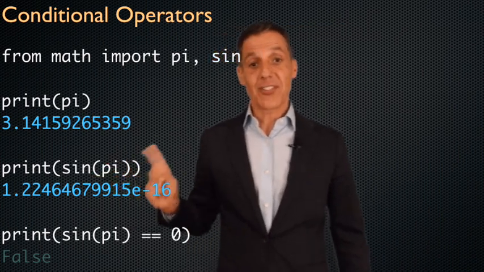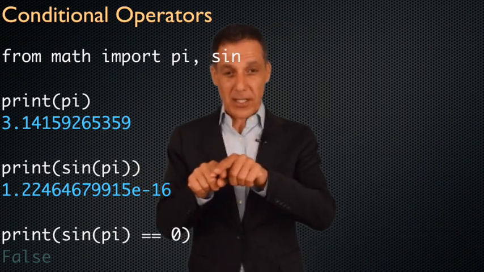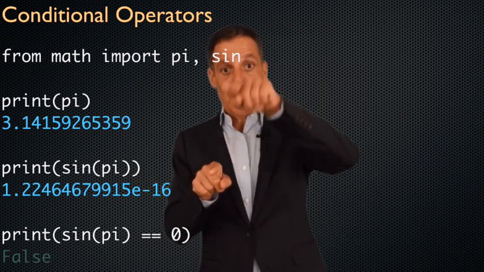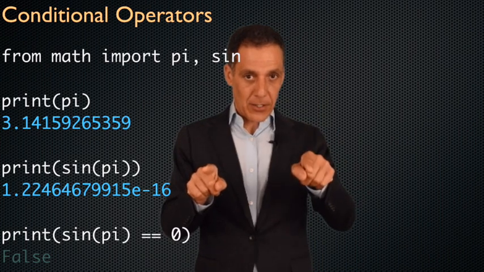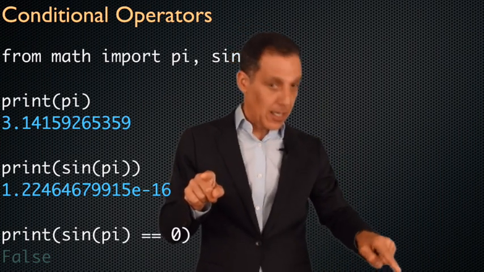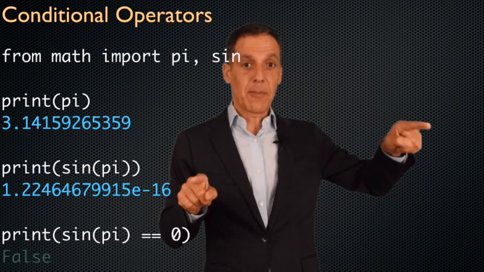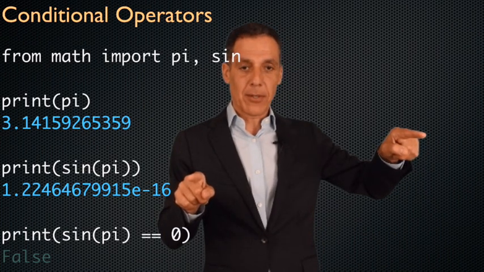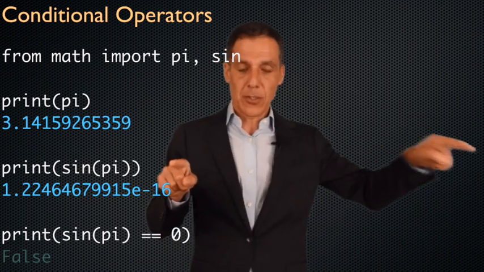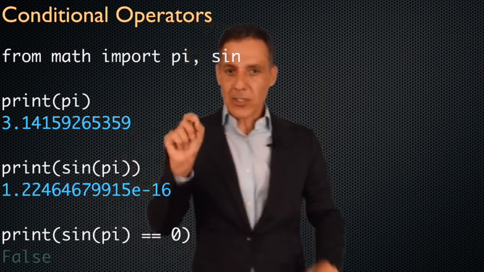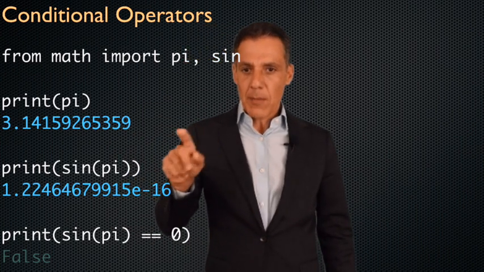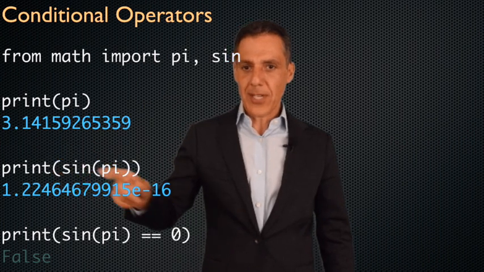If I print the sine of pi, you remember what sine looks like: it starts at the origin, loops up, comes back down to here at pi at 180 degrees, and then comes back up to here at 360 degrees, or 0, pi, 2 pi in radians. So sine of 0 should be 0. But when I ask to print the sine of 0, what do I get?